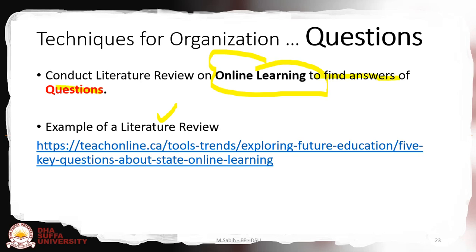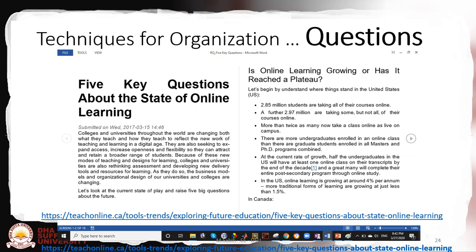So the literature review that we are going to see in the next slides as an example has a few questions about online learning, and they have done some kind of research. There are 5 key questions about the state of online learning. It was done in 2017, and you can find the detail from this resource.